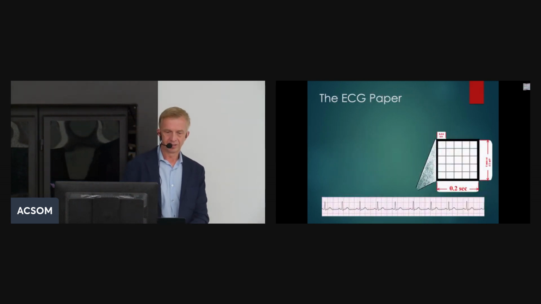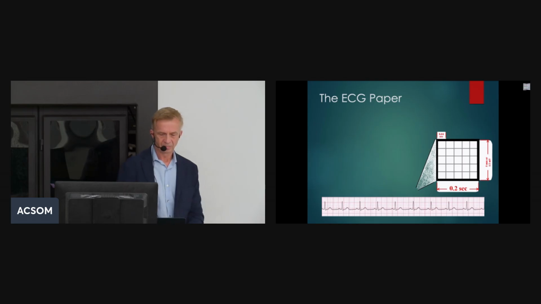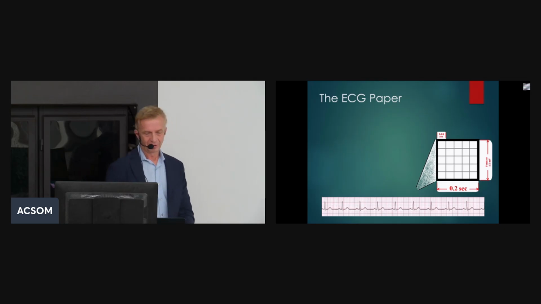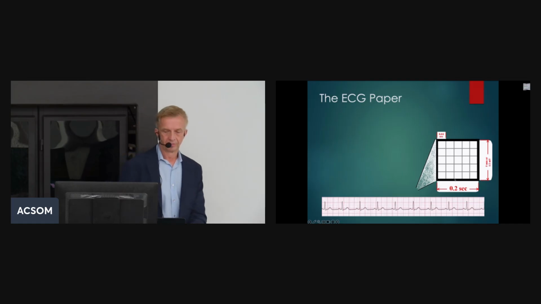Now this is the EKG paper. Have you reviewed it before or no? There are a lot of squares, right? So the EKG has squares. You should remember just the basic stuff. There are big squares here and small squares. This one big square has a length of 0.2 seconds or 200 milliseconds, and in the big square there are 5 smaller squares.